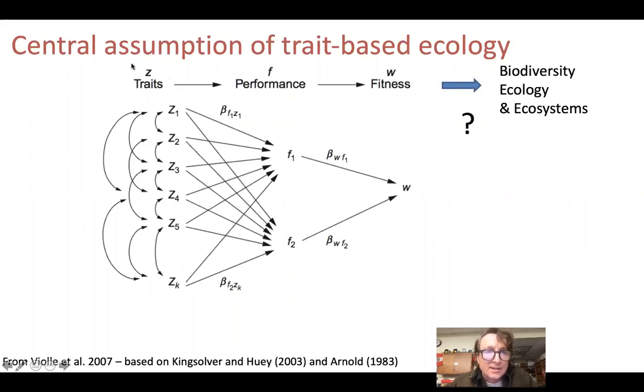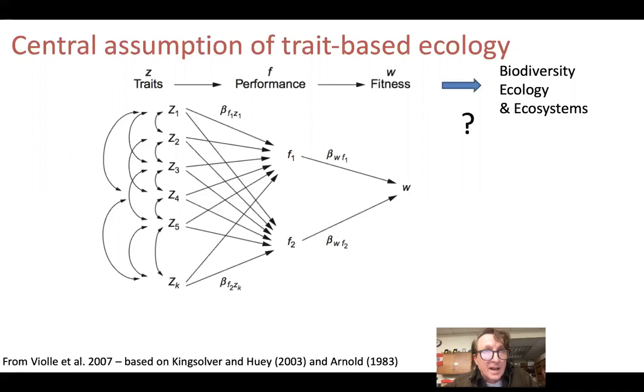Those traits comprise the phenotype of the organism, and those traits are going to interact with each other, so they could be correlated with each other. But those traits are then going to ultimately influence a performance measure of the organism, okay? So those traits are going to influence how well an organism performs in a given environment. So what do I mean by a performance measure? This could be the growth rate of an individual.